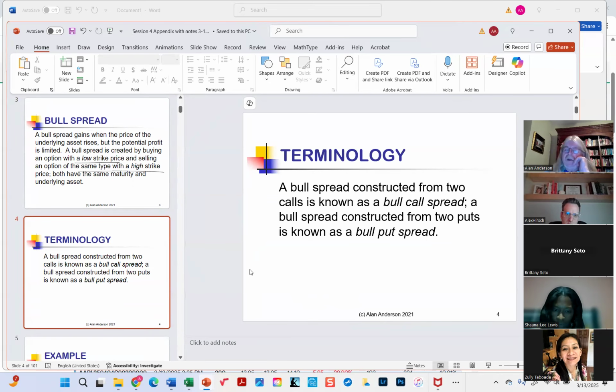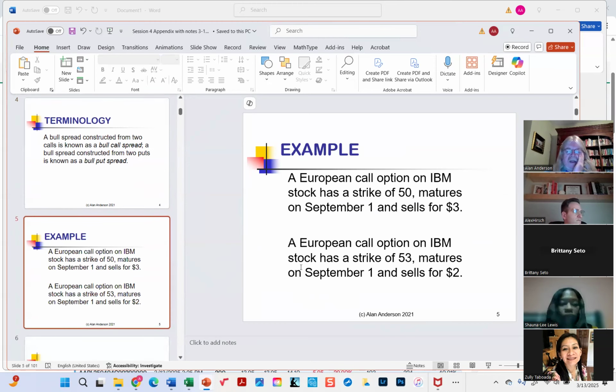By the way, if we use only calls, this is known as a bull call spread, as you can probably guess. And if we only use puts, it's known as a bull put spread. So we're going to consider the example of a bull call spread. Now we're back to IBM again. We have a European call on IBM with a strike of 50. This is the same one we had before.